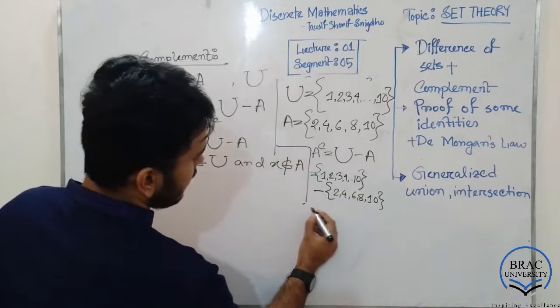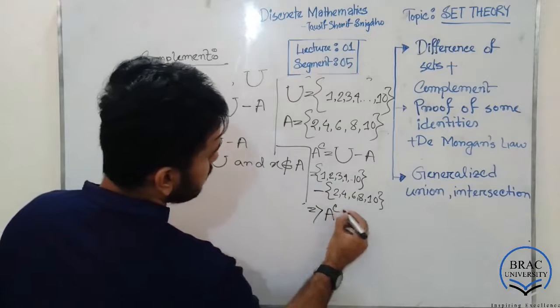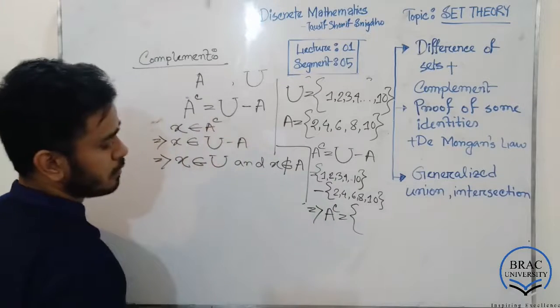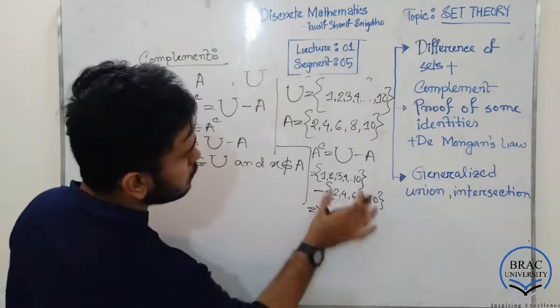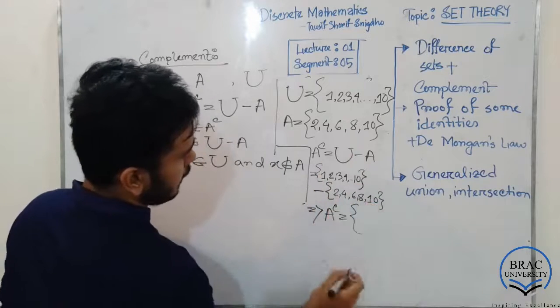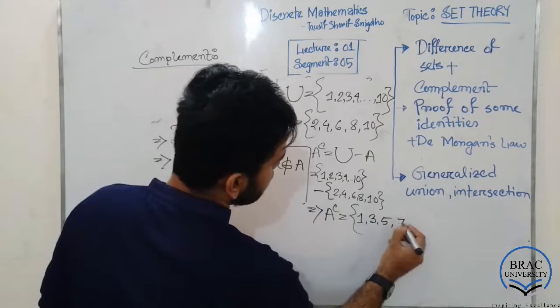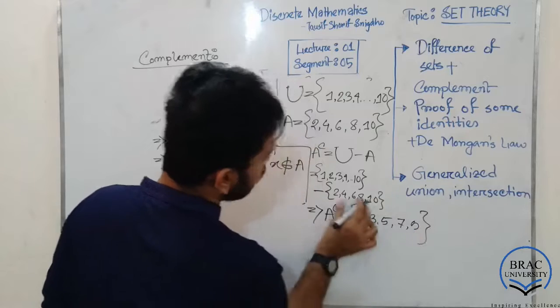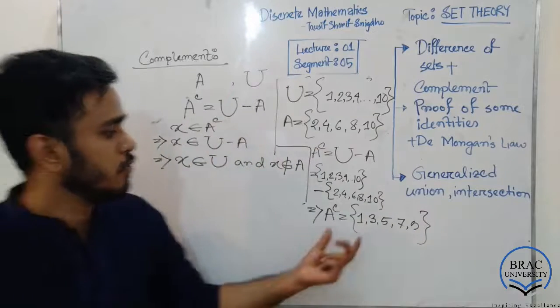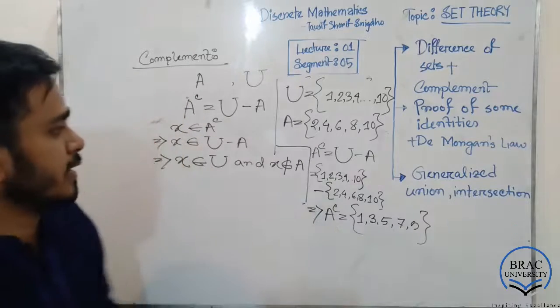As we have learned in difference of sets, A complement will have all of the elements of U except all of the elements of A. So A complement will contain 1, 3, 5, 7 and 9, and none of these even numbers, right? So this is the complement of A in this case.